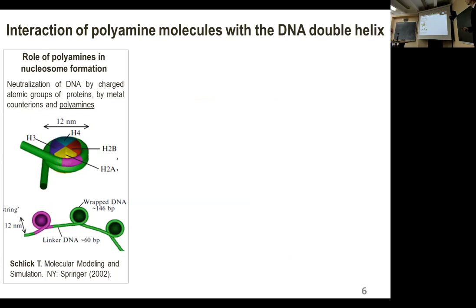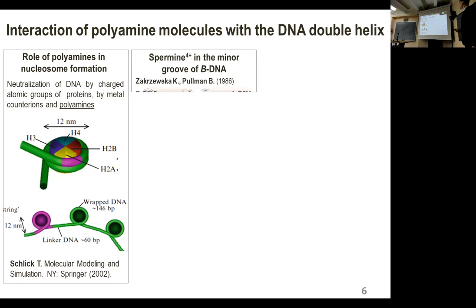The charge of DNA is partially neutralized by protein, but it is not enough to make this system completely stable, and the rest of the charge is neutralized by counter ions. It may be metal ions and also polyamines. And after that, this chain of nucleosomes, this particle is called a nucleosome, forms chromatin, and after that, chromosome.